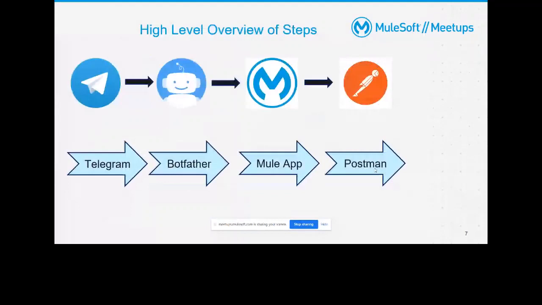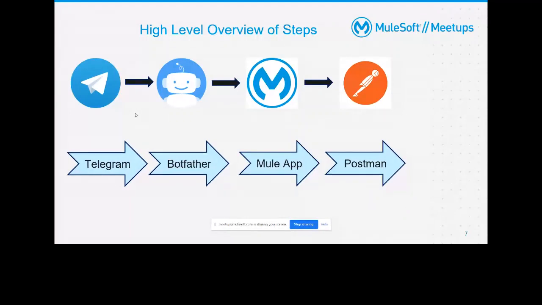So here is a high level overview of the steps we are going to follow in order to achieve a successful automation using the Telegram bot API. First thing is we need to have a Telegram account, and through that account we will be interacting with BotFather, and BotFather will help us in creating our own bot, and it will also provide us a bot token, which is like a password for that bot.